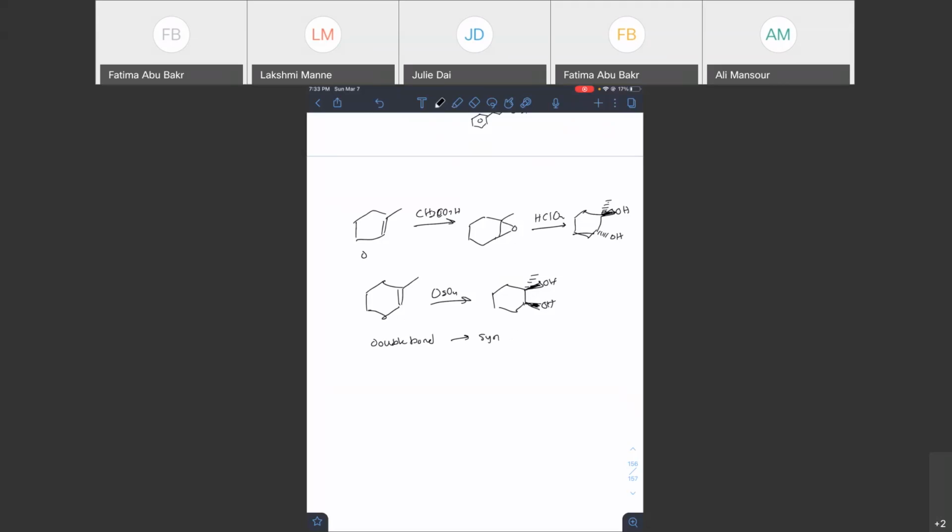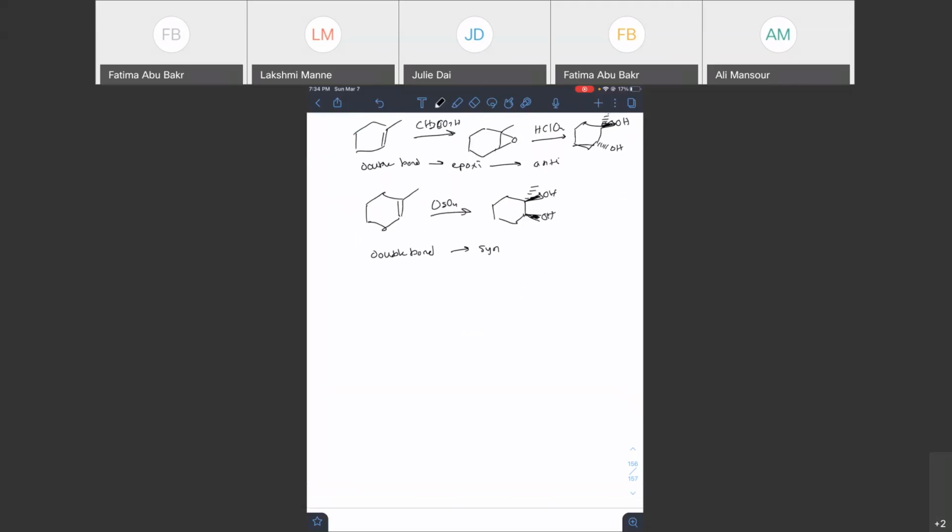This one is double bond to epoxy to anti. This is something to keep in mind whenever you're doing your retrosynthesis. Please pay attention to whether it's anti or syn, because that's going to inform whether you have to do epoxidation or not.